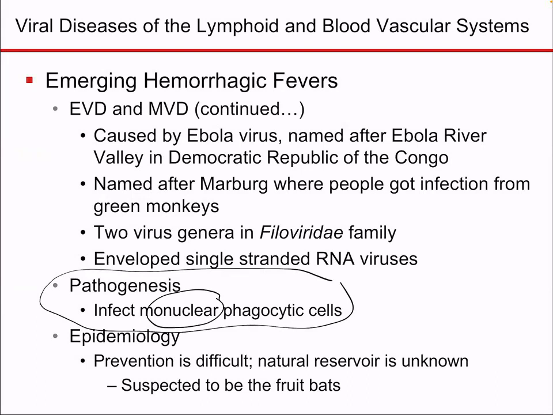It may also infect hepatocytes, fibroblasts. Then that viral replication triggers a high level of inflammatory cytokines, producing a cytokine storm that leads to septic state. So endothelial cells that are also infected by the virus start to break down.